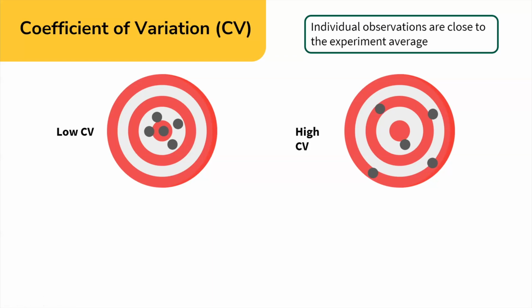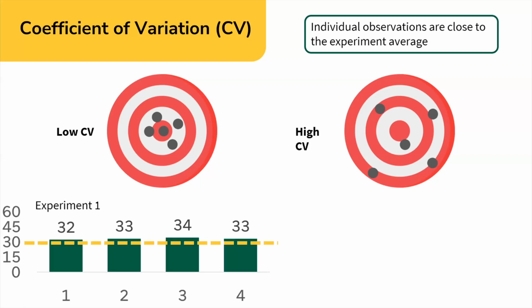But if we try to see this with what it would look more like as experimental data, it will look something like this. For example, we could have experiment 1, where the average is 33. Everything is pretty much close to the average. It's not really different. They are all really close to that yellow line.